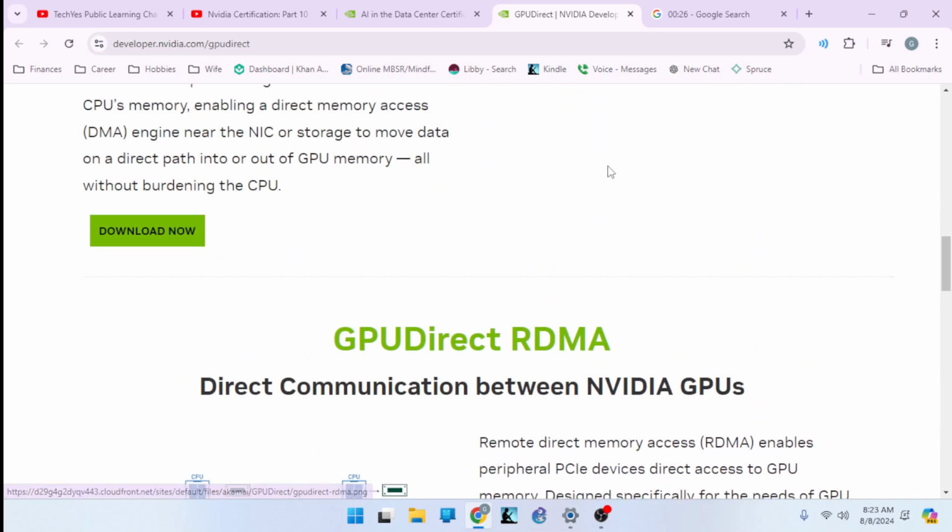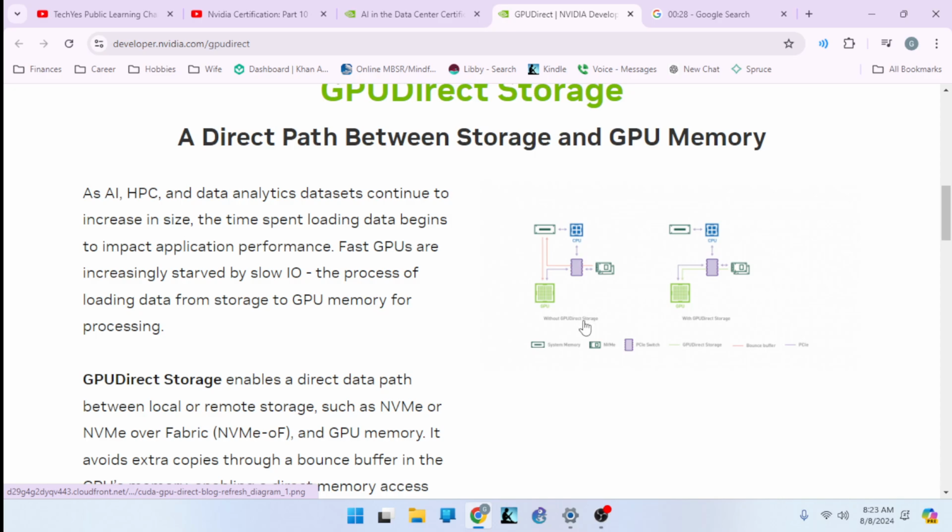So we've got these drawings here. So this is the PCIe switch, and here's the memory. So without GPU Direct Storage, we see we've got a different line here. So we've got PCIe, and then we've got the bounce buffer.